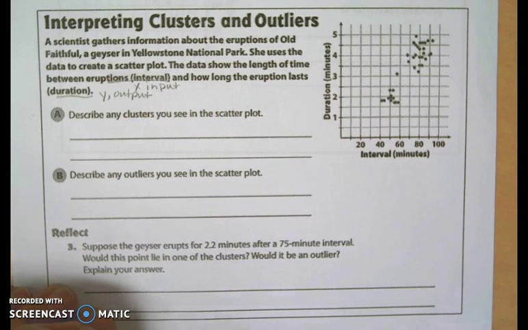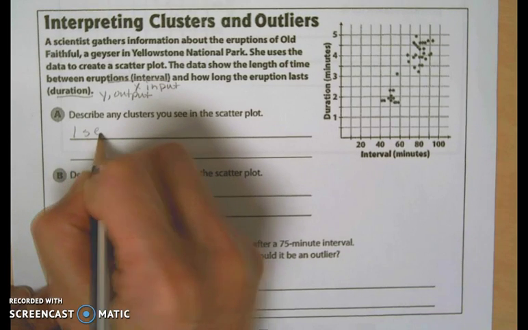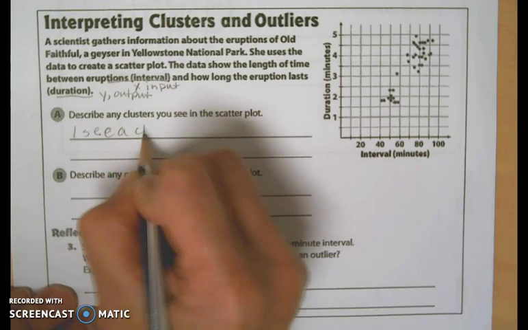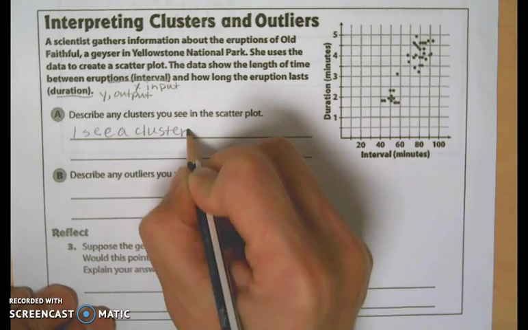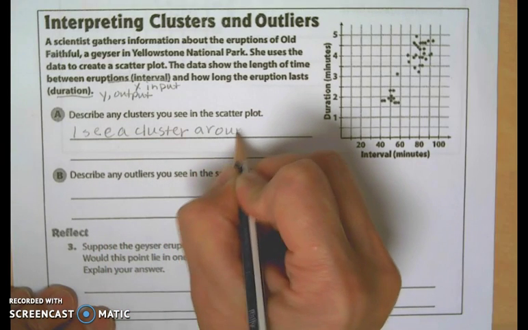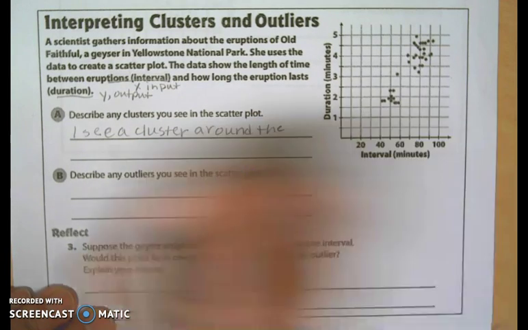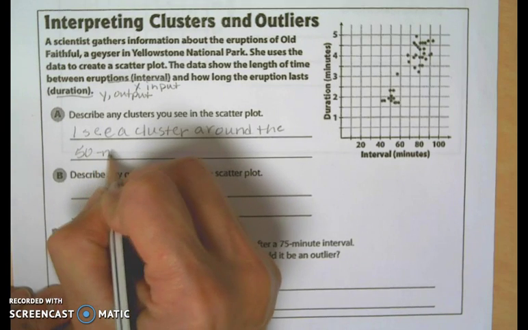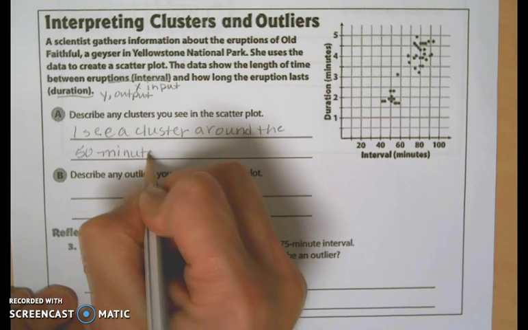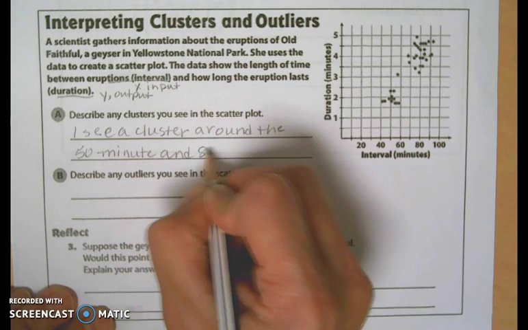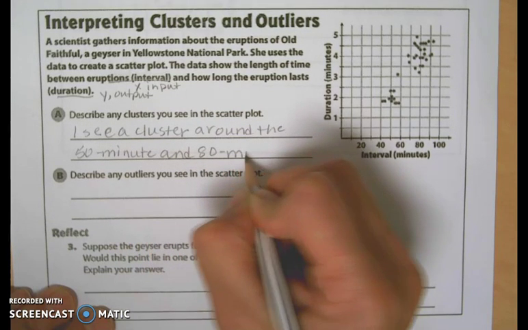Describe any clusters you see in the scatter plot. I see a cluster around the 50-minute and 80-minute intervals.